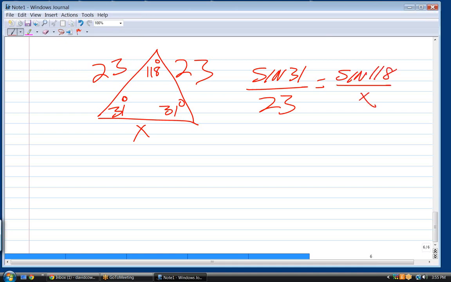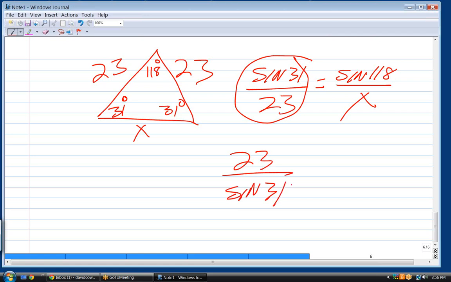Now, let's just talk about this for a second. In the law of sines, it does not matter whether you have the sine on top or bottom. So I could have written this 23 over sine of 31 equals x over sine of 118.